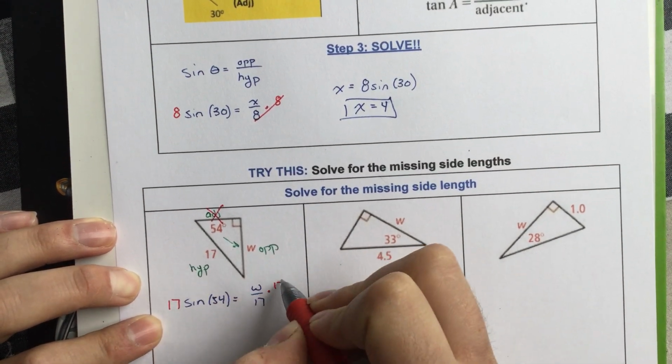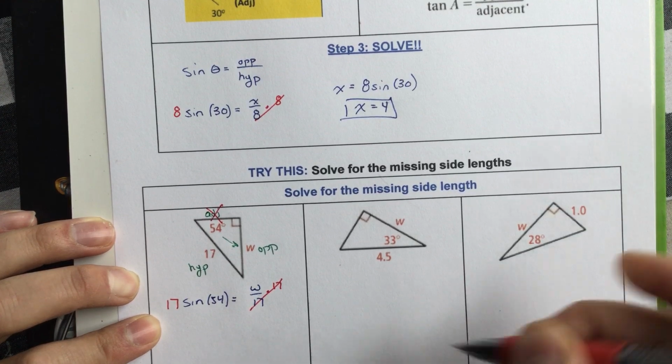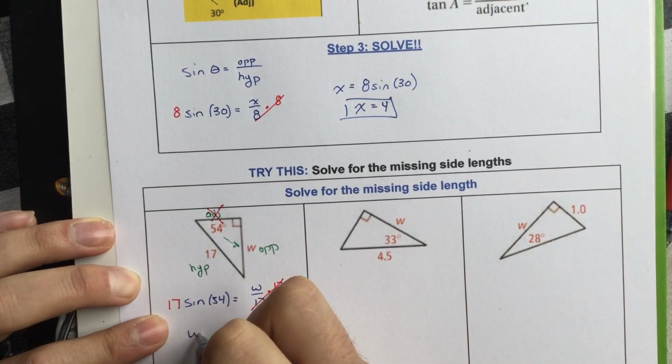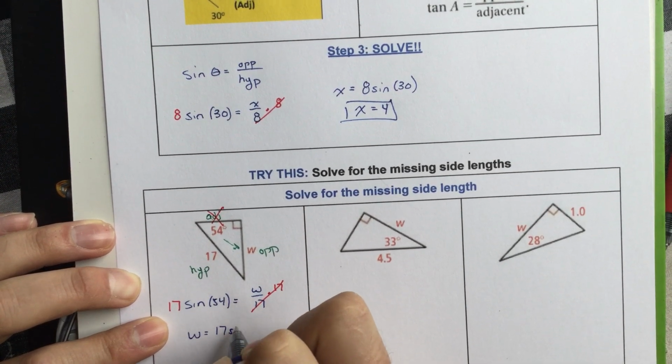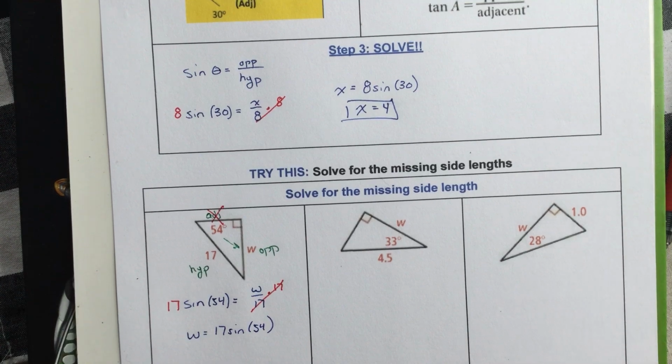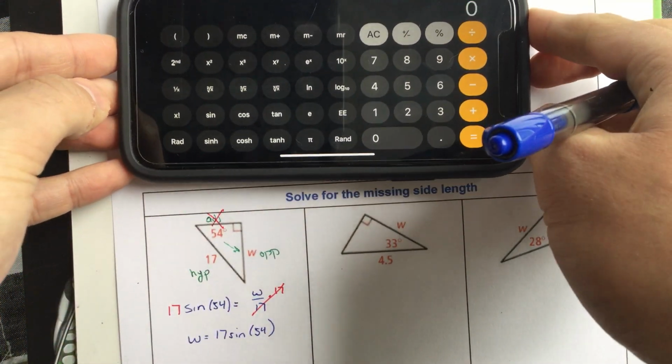We're going to multiply by 17 on both sides. So W equals 17 sine of 54. I'm going to use the iPhone calculator so you can see that example again.